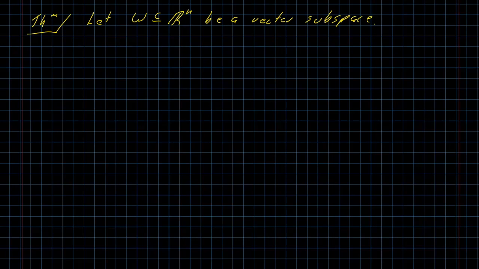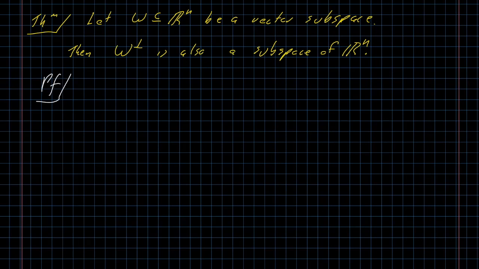Now it's time to get crunchy. Let's look at a pretty classic theorem. Let W be a subspace of Rn. Then the orthogonal complement of W is also a subspace of Rn. We kind of saw that in the example already, but let's dive in and see if that makes sense.